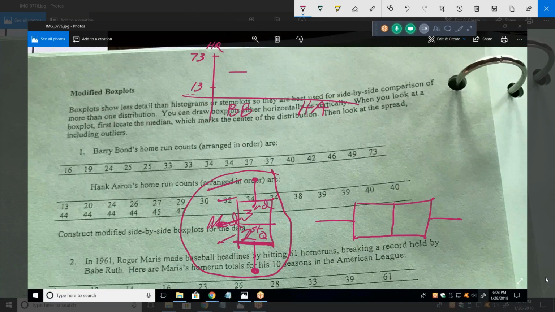If 34 is the median, I think the best way to do this is to draw a vertical line through the data. That would be the first quartile, that would be the second quartile, that would be the third, and this is the fourth.